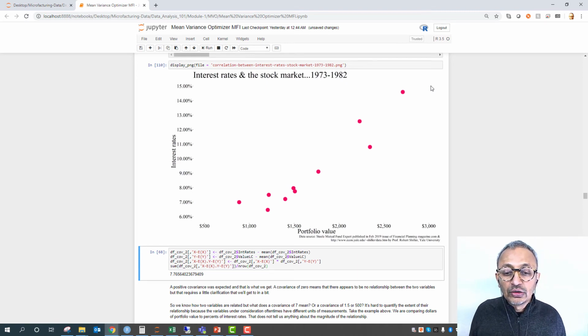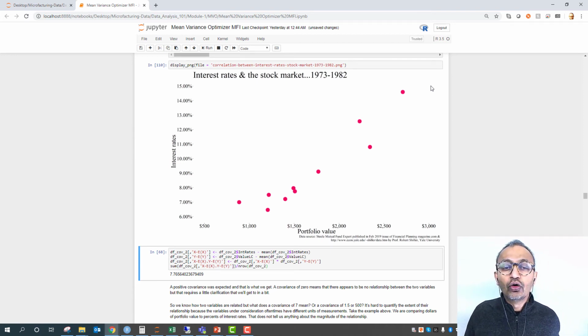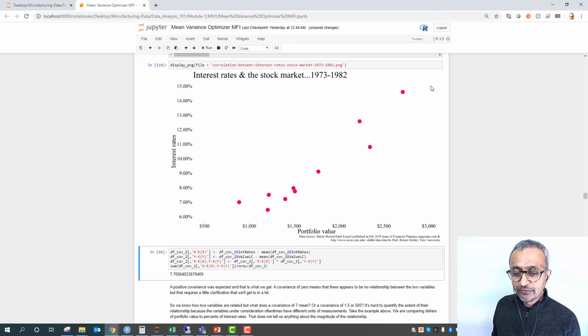So the higher the interest rates are, the more people flock to deposit their savings into bank type companies. And if you are an owner of those companies through the stock market, you are likely to benefit from that interest rate environment. So that's one way to capitalize on that.